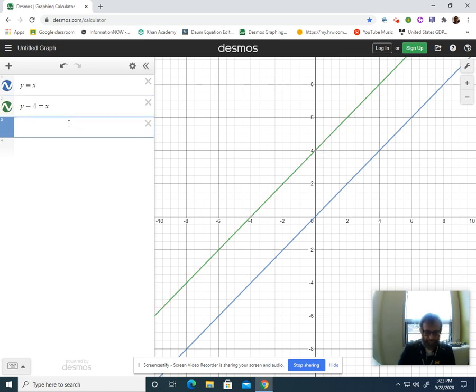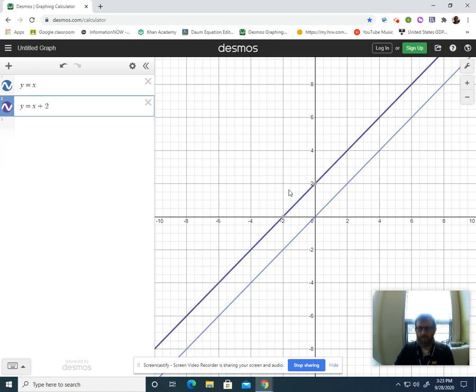If you add 2 to the x, this one out here, it slides the entire graph 2 units to the left. Now I can see it's a little hard to tell how you know it goes up. Well, it's because of the previous line. We know what's happening here. It's hard to tell with this particular line sometimes.